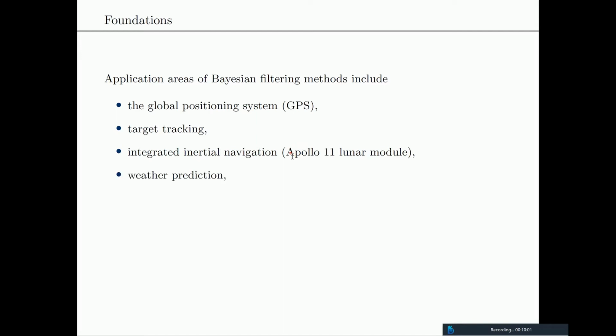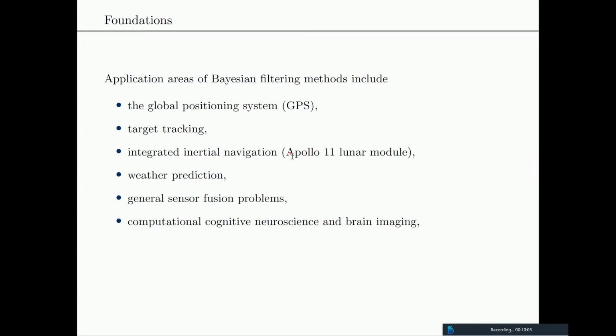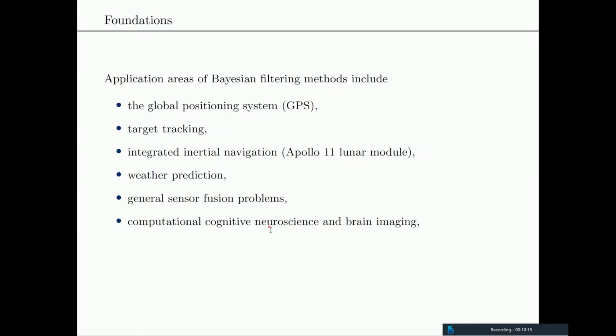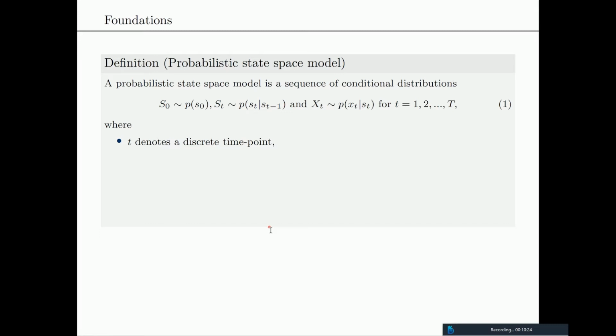Weather prediction we already mentioned, general fusion problems, computational quantum neuroscience. I just brought them up again. Brain imaging, POMDPs. So Bayesian filtering is behind everything that's going on in the world. Any other things you would like to add from what you have studied? No. Good. So that was kind of the general remarks without pictures, but still making a big case for Bayesian filtering and smoothing.